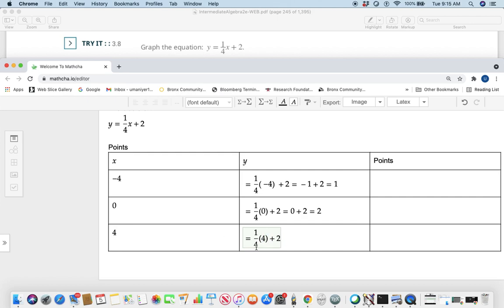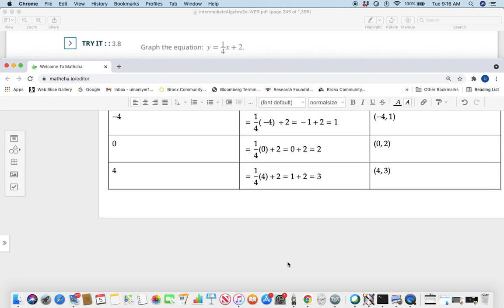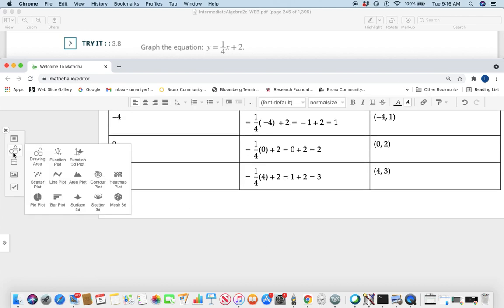They reduce and you get 1 plus 2, that's a 3. So what are the points? X coordinate is -4, y coordinate is 1. X coordinate is 0, y coordinate is 2. X coordinate is 4, y coordinate is 3. Now we are ready to graph these 3 points.